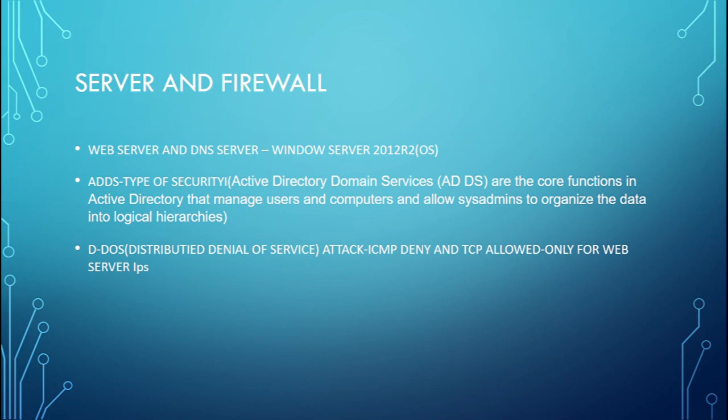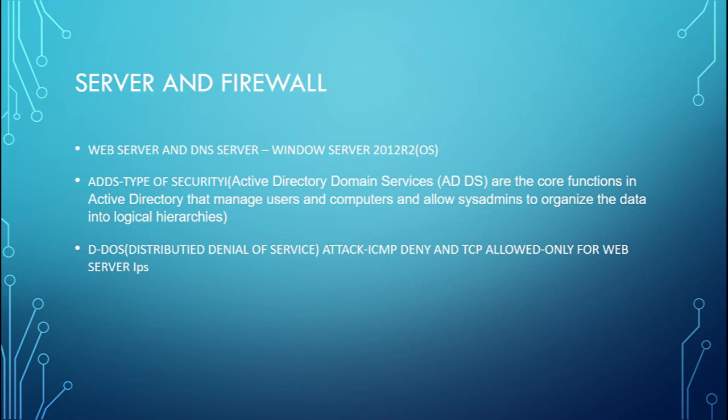Next, we'll move towards server and firewall. A firewall is a network security system that monitors and controls incoming and outgoing network traffic based on predetermined security rules. A firewall typically establishes a barrier between a trusted internal network and untrusted external networks such as the internet.